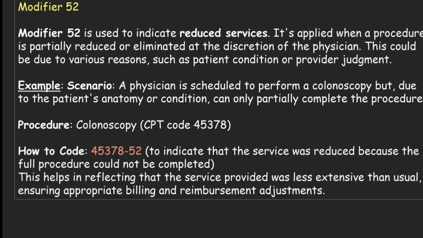Because in the scenario, due to the patient's anatomy or condition, he could only partially complete the procedure. Therefore, we will append modifier 52. So why this modifier is given? It is given to indicate that service provided was less extensive than usual. Let us look at the keywords. The keywords are part of procedure not completed and partially.